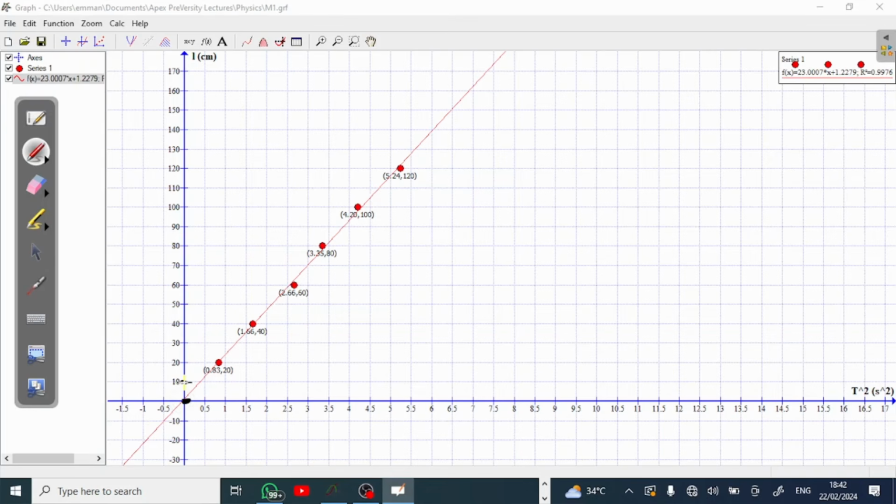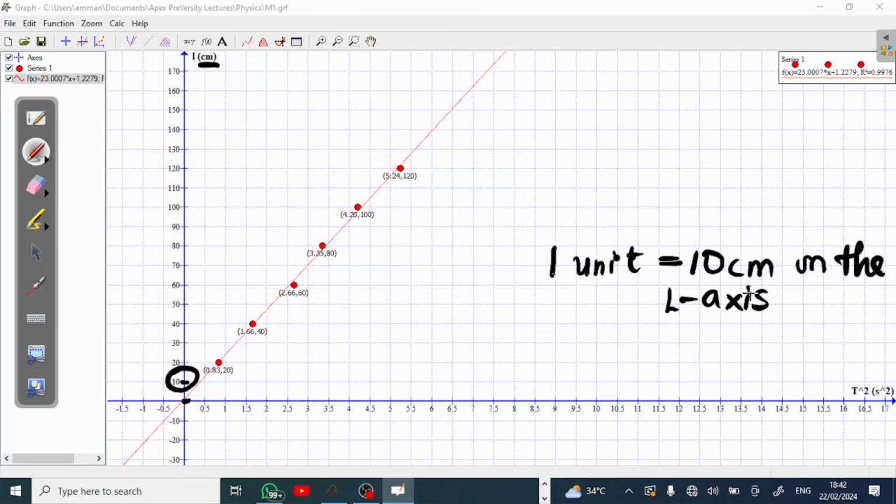From here to this point is called 1 unit. So 1 unit on this L axis, from here to here, is equal to 10. This axis is measured in cm. So it's equal to 10 cm on the L axis.